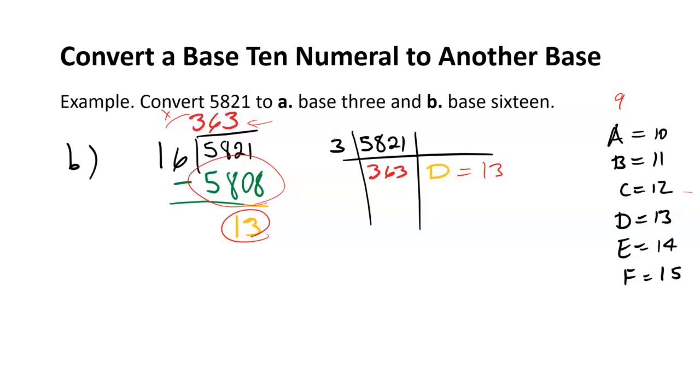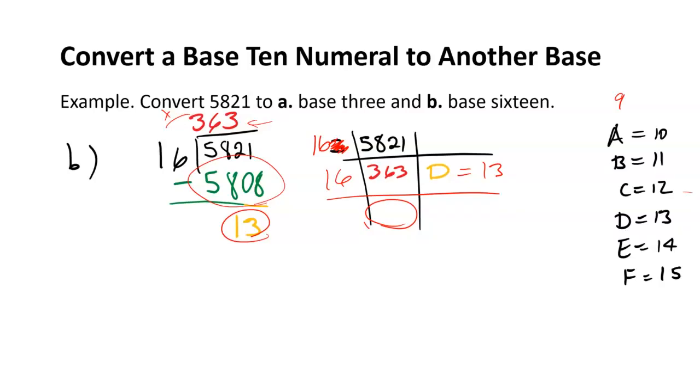And I just continue the process. Now I put 3 in here. I should have put 16, huh? My divisors are the base. I divide it by 16. And so I do it one more time, divide this by 16, and I put the quotient here, and then I put the remainder.